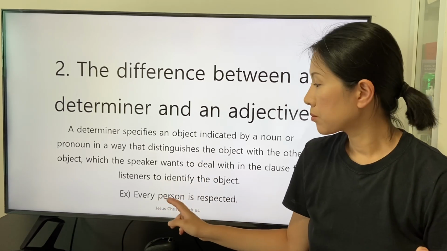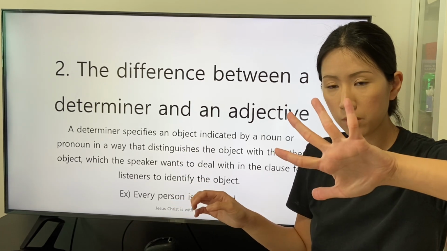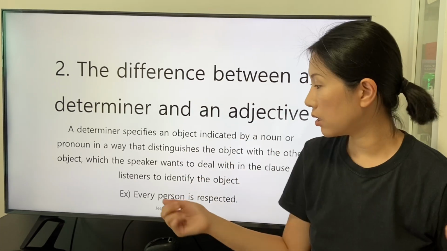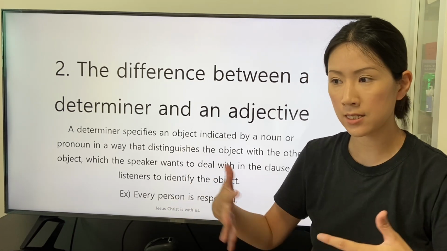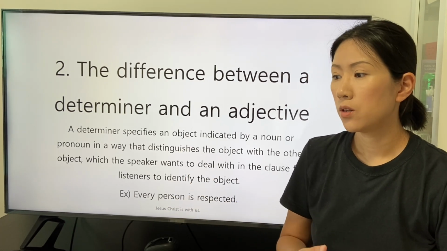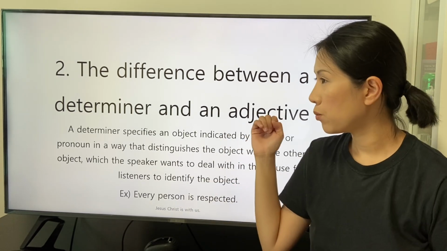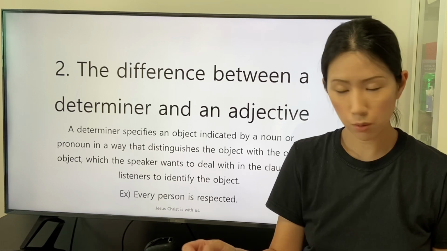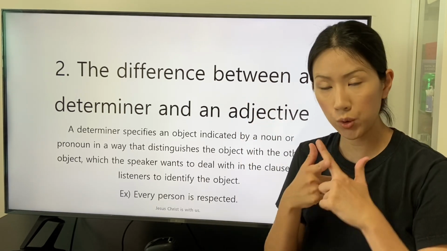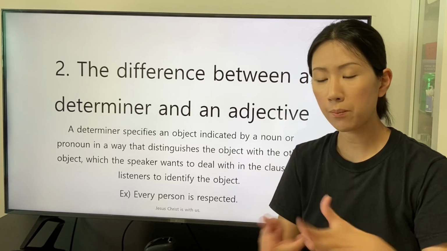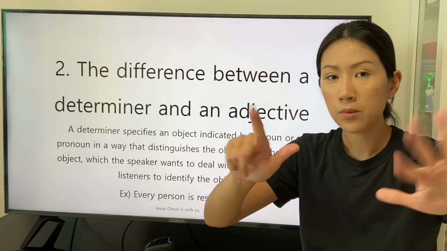For example, let's suppose that there are seven people indicated by the general noun person. Let's think of these persons with numerical notes: person 1, person 2, person 3, person 4, person 5, person 6, and person 7.